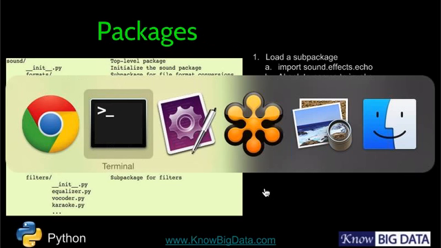Now we can say import format.waveread, import format.auread, or import effects.echo. We can also say import effects.surround and filter.equalizer. This way you can organize your code for fairly large projects. You can further have one more level of folders under these. So this is one main package, sub-package, and module.